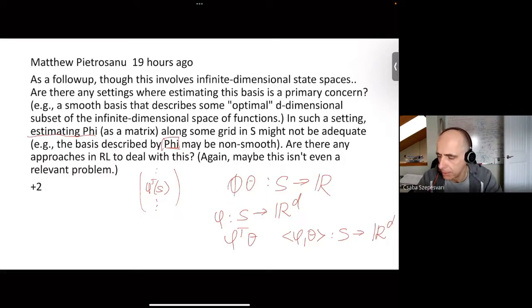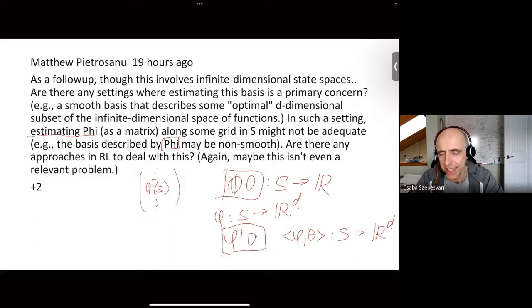Sometimes it could be a little bit more confusing, but it's really the same thing. I just wanted to avoid confusing people by using this notation instead of this notation.